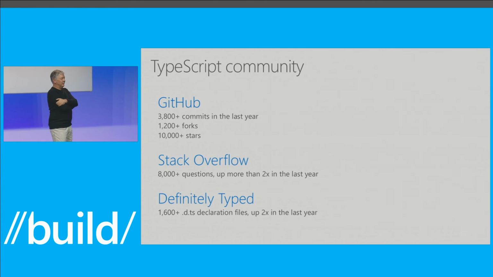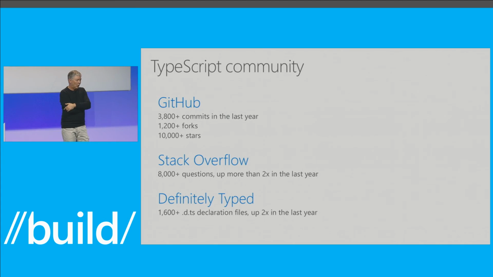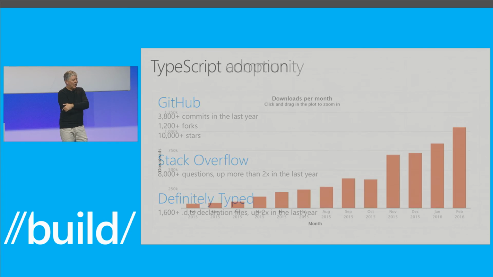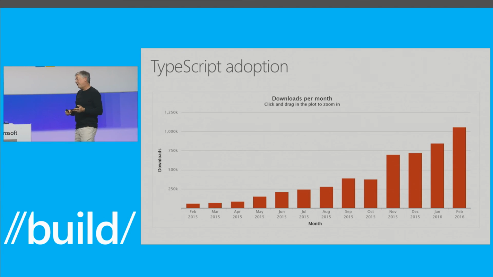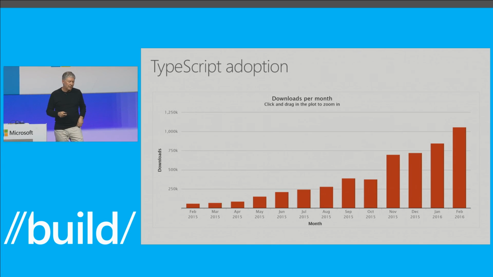The community is very active, and I encourage you to go and interact with our team. We're there every day: Stack Overflow, DefinitelyTyped. Adoption is pretty amazing. Our adoption numbers on NPM are up 15 to 20x over the last year.